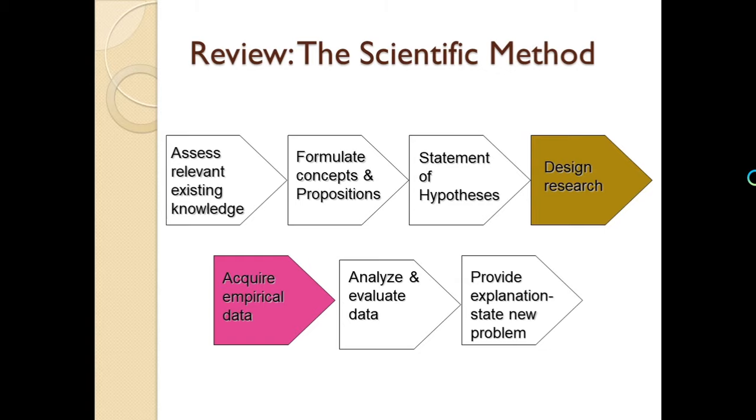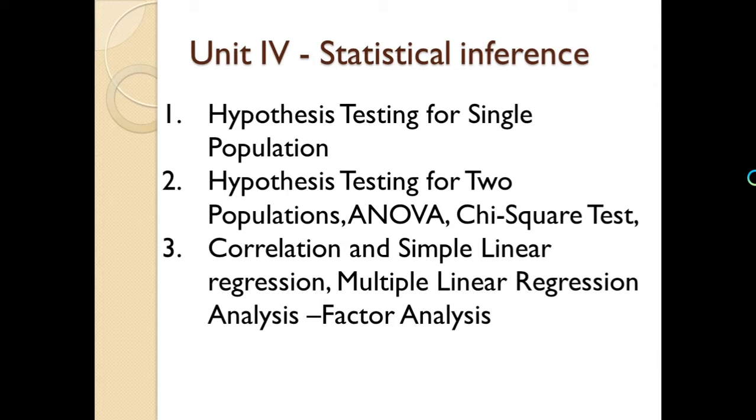So how are we going to do it? Let's have a review. The fourth unit is titled statistical inference. In this unit we will see how to test hypotheses for single populations and for two populations, which includes analysis of variance and the chi-square test, whereas in the single population we'll have mean, median, mode, all that we will see once again, and then mean difference tests like the t-test, and the z-test also we will see.